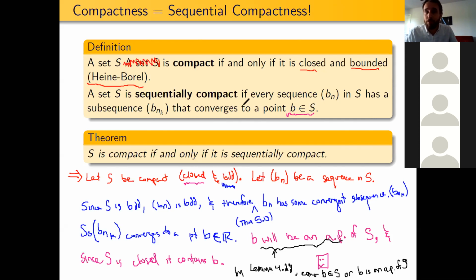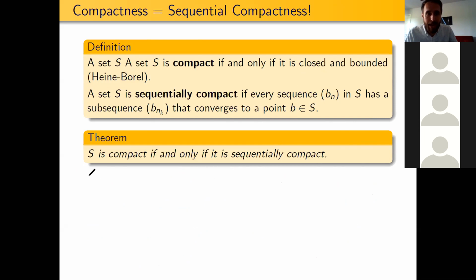Okay, let's go ahead and look in the reverse direction here. Now we have to show that if S is sequentially compact, then S is compact, which for us means S is closed and bounded.